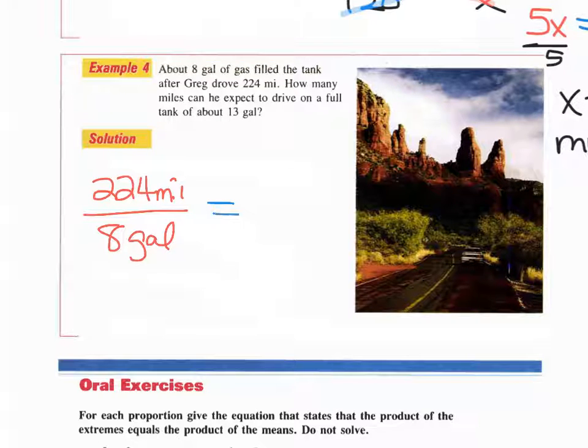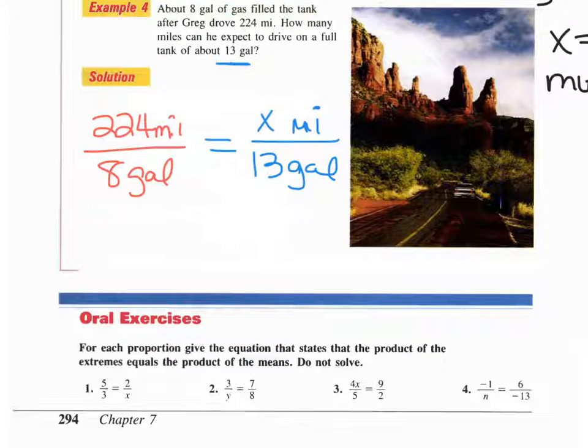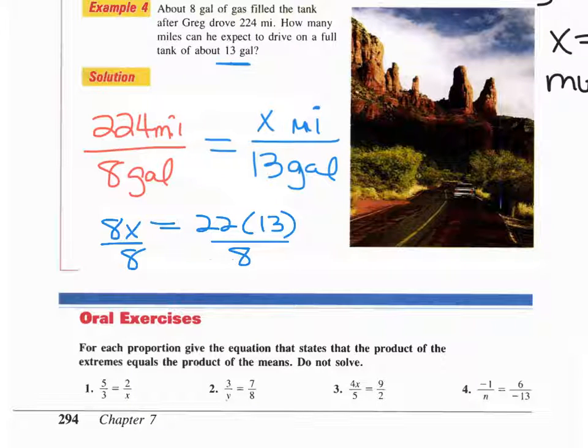So when I set up my second ratio, notice they're giving me the gas and I don't know the miles. Notice miles are on the top and the gallons of gas are on the bottom. And again, you'll do the cross products. So 8 times x, 224 times 13. Multiply and divide.